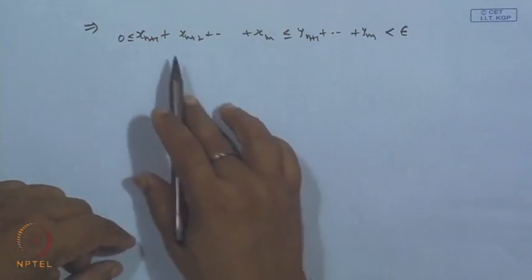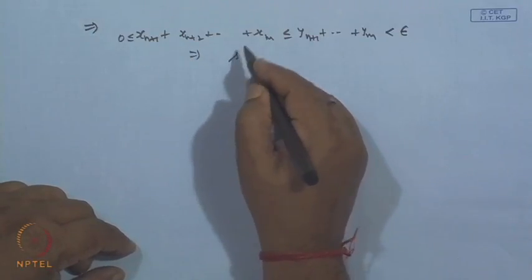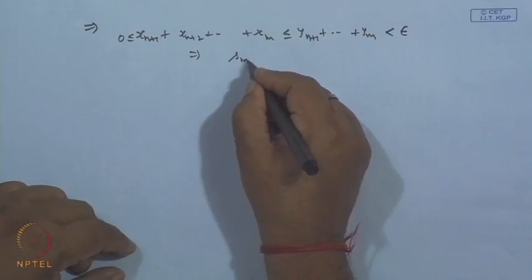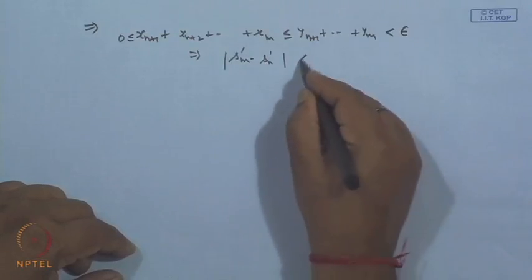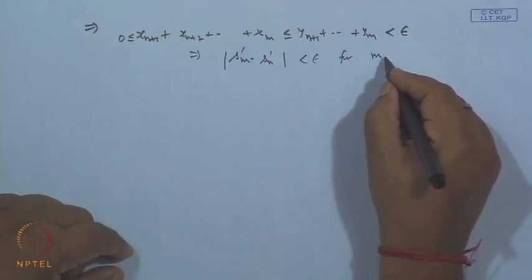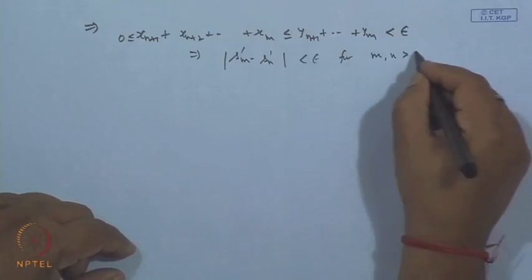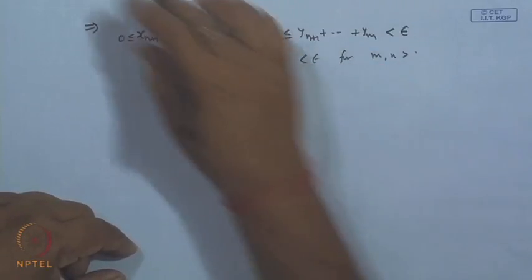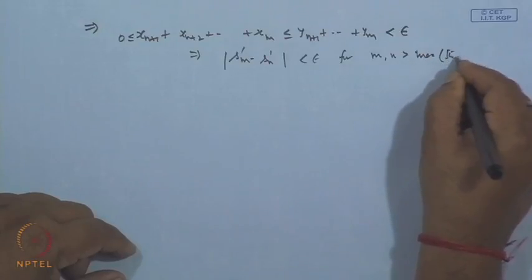So, what does this show? This shows that this sequence S'_m minus S'_n remains less than epsilon for all m, n greater than or equal to capital N, say k, the maximum of k_n and epsilon.